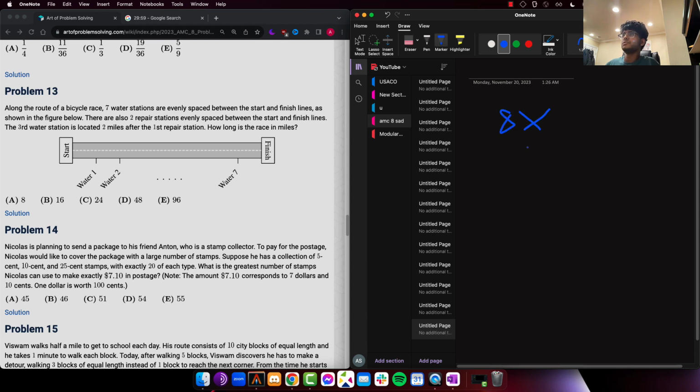And you know, the third water station is 3x, then minus 2 is the first repair station, so 8x over 3. So 9x minus 6 equals 8x, so x is 6. So 8x is 54. Wait, no, sorry, 8x is 8 times 6, which is 48. The D.